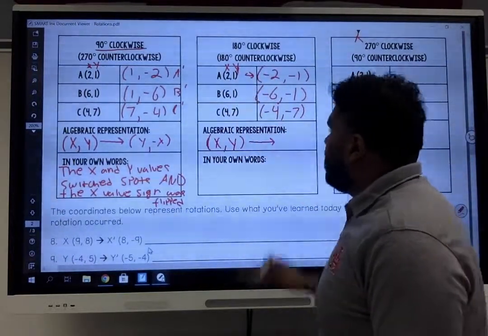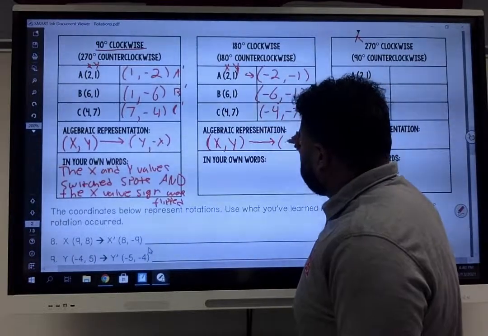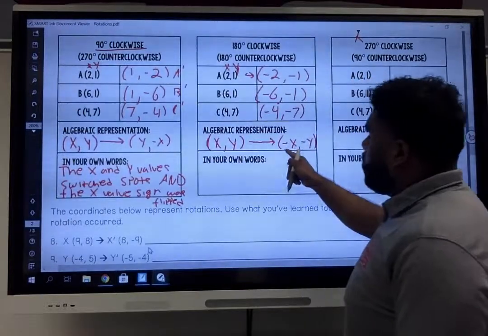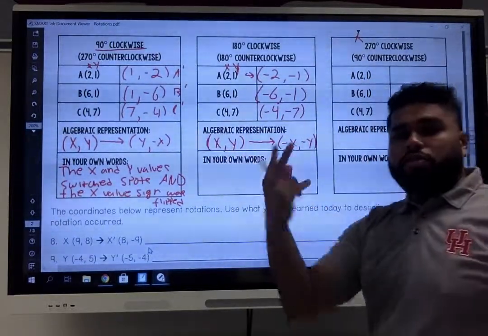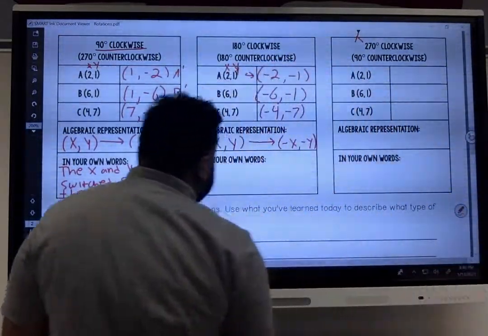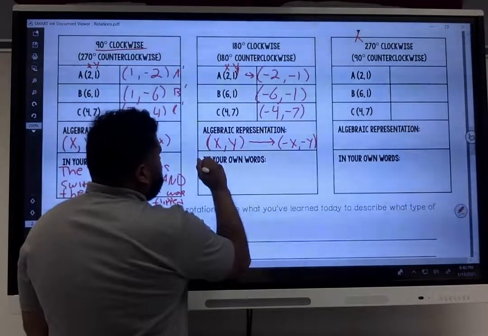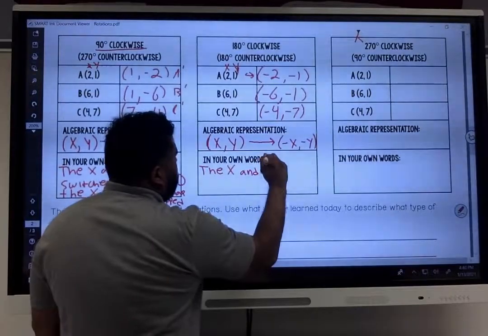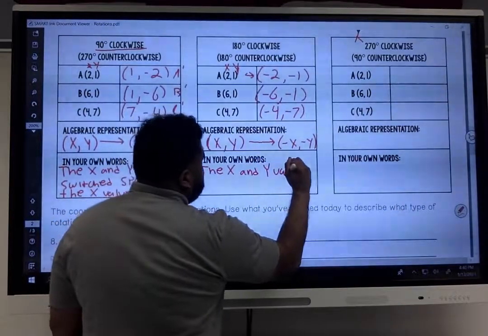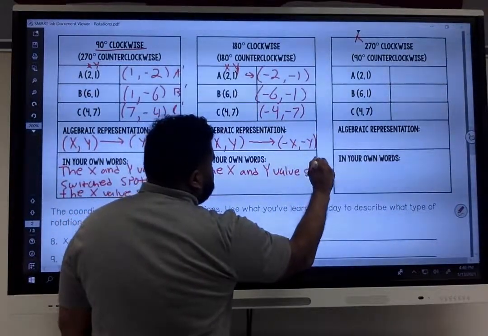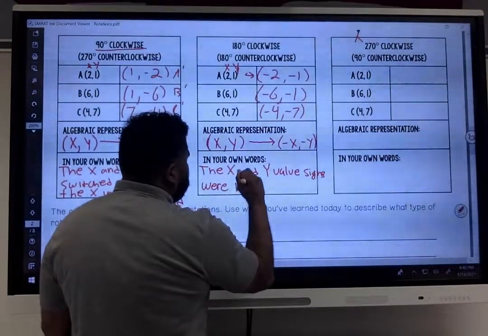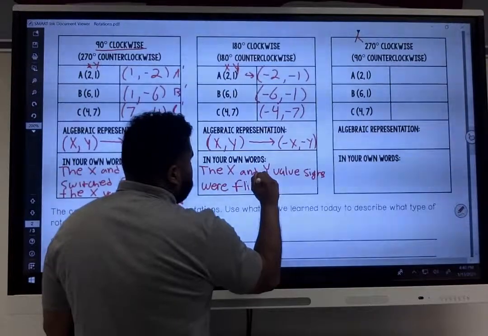Same thing for the y. So we can write our algebraic representation as negative x, negative y. Okay, that means that whatever the signs were originally, we're going to flip them. Okay, so how do we explain this in our own words? Well, the x and y value signs were flipped. Okay.